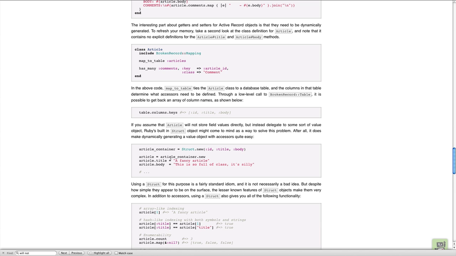After all, it does make dynamically generating a value object with accessors quite easy.